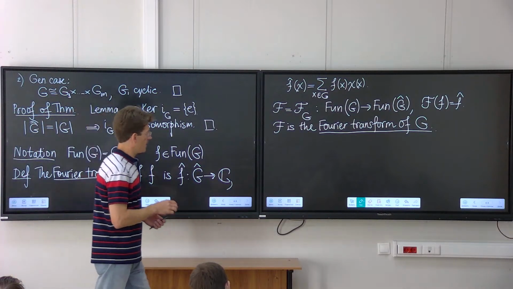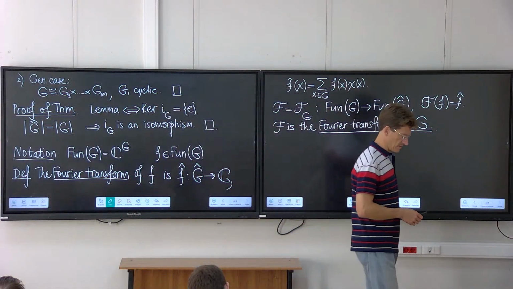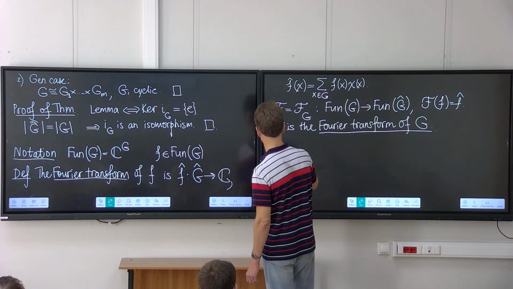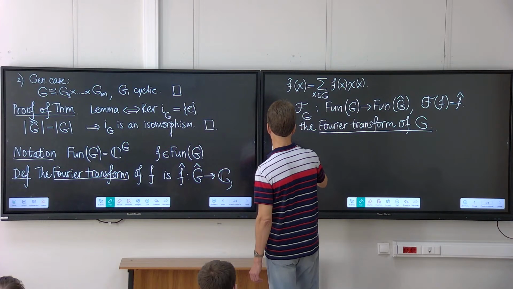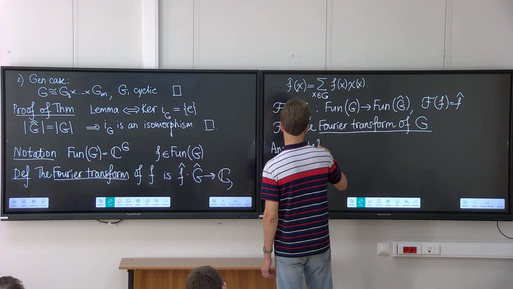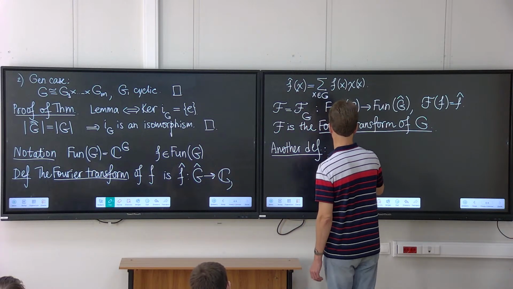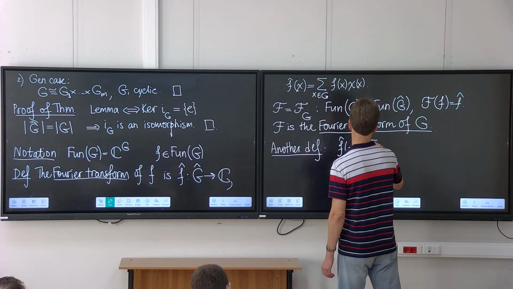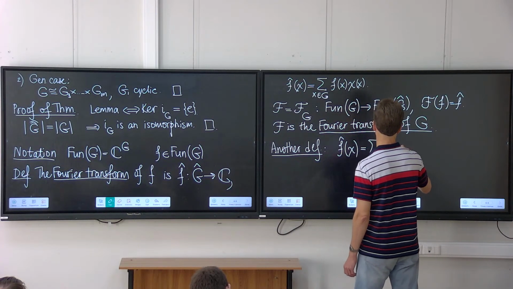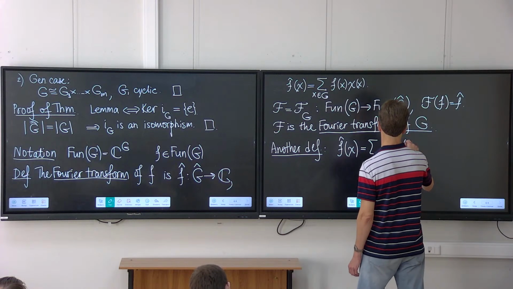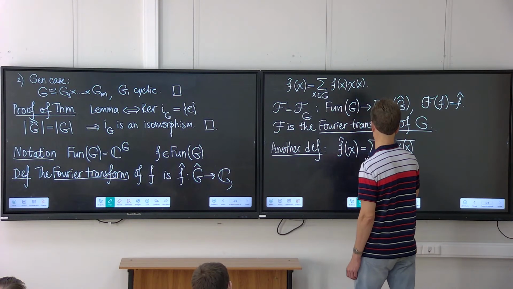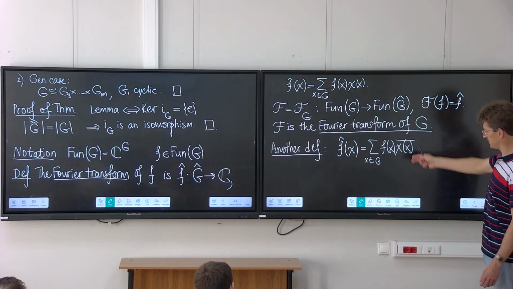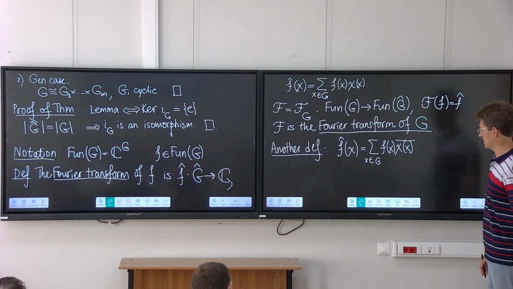Okay, by the way, there is another common definition of the Fourier transform, which is not equivalent to ours, but which is closely related to it. Sometimes you will find the following formula: f hat of chi is equal to the sum over x of f of x times chi of x complex conjugate. Of course, this is not equivalent to our definition, but it is closely related.